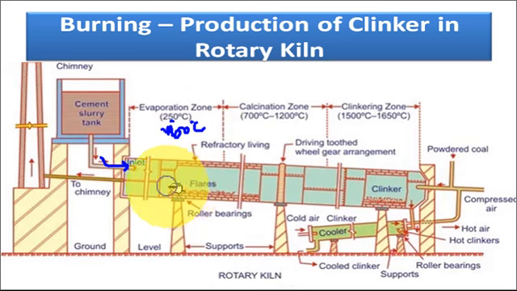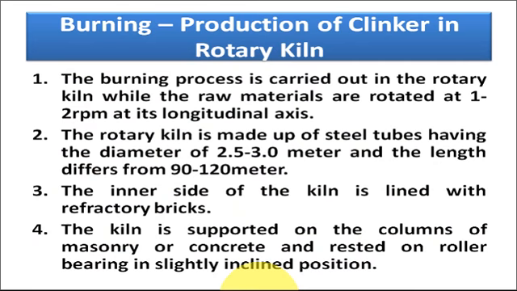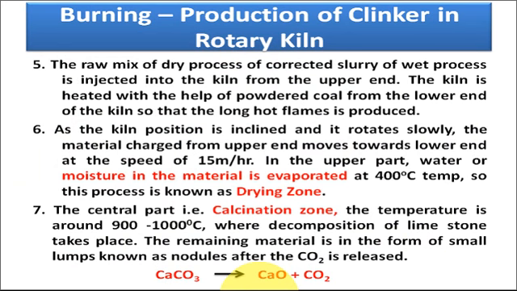Now all the raw materials are passed into the next zone, that is the calcination zone. In the calcination zone, what reaction takes place? In the calcination zone, calcium carbonate decomposes into calcium oxide and carbon dioxide gas. The temperature range of this zone is around 1000 degrees centigrade.